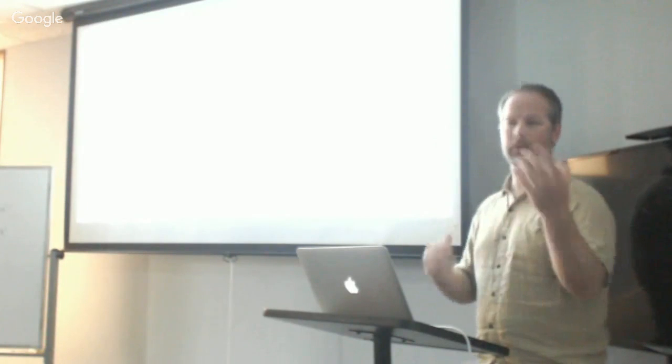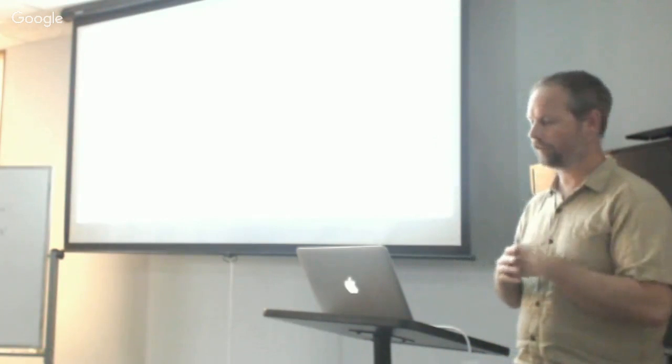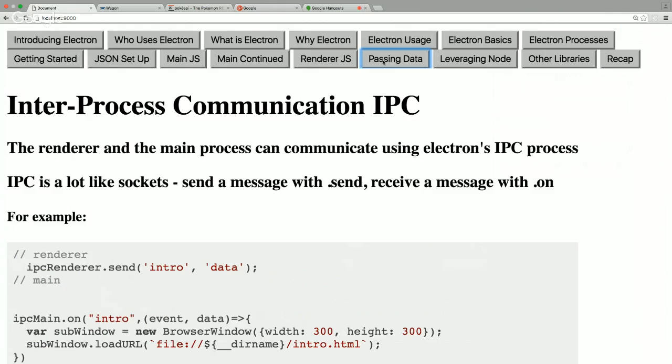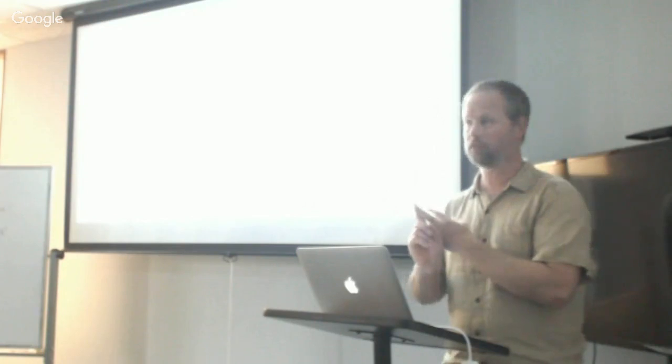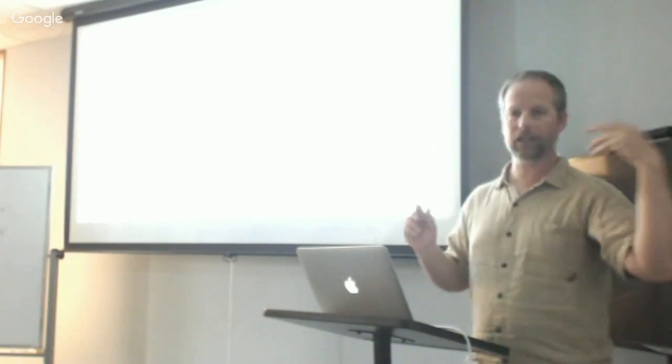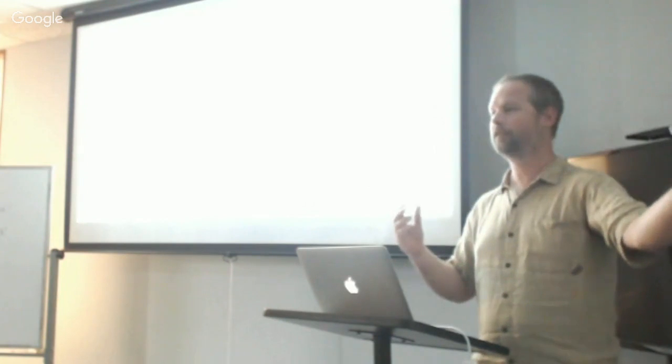All right. So the way data gets passed around in Electron is why I've been talking about this IPC renderer, the inter-process communication, so much already. You can think of the inter-process communication like sockets. Basically, you send something with a key and data. That data could be a string. It could also be an anonymous function. And then you have a listener on the other side that says, hey, when I hear that key, then do something.